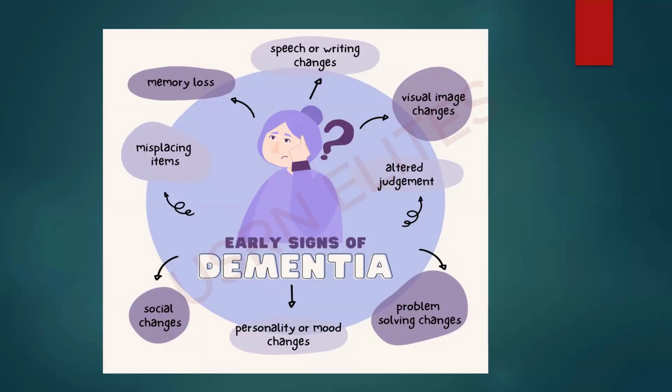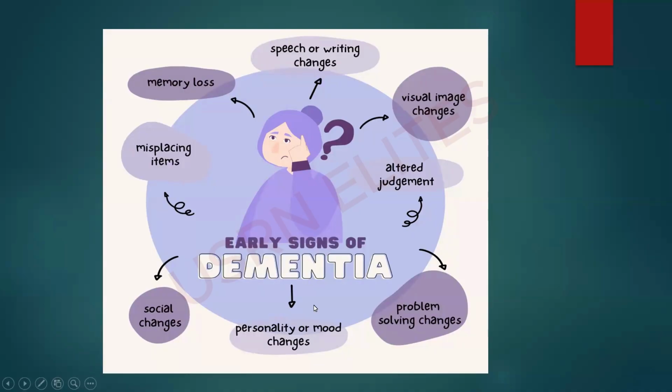But dementia is progressive and tends to be permanent. Okay, it happens when there are structural changes within the brain or other things.